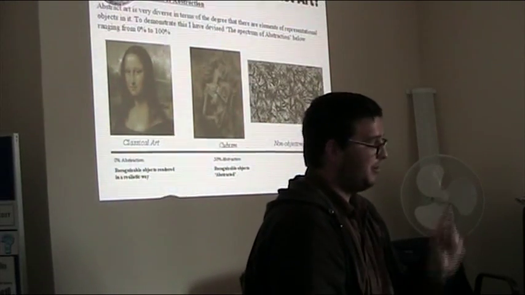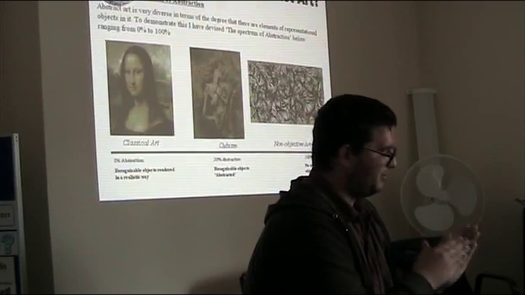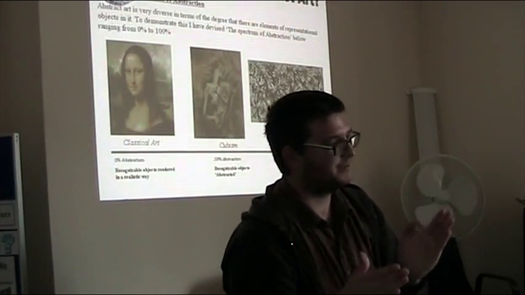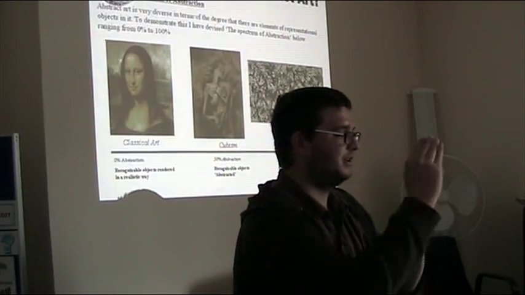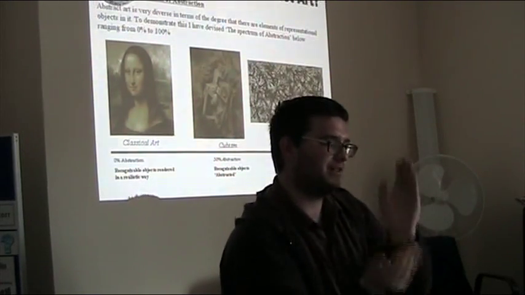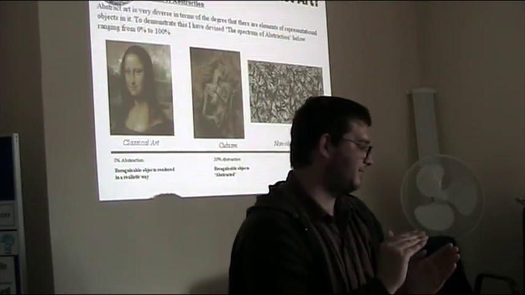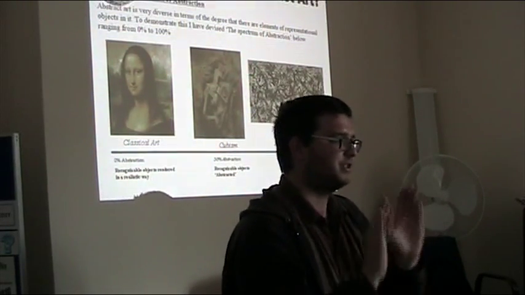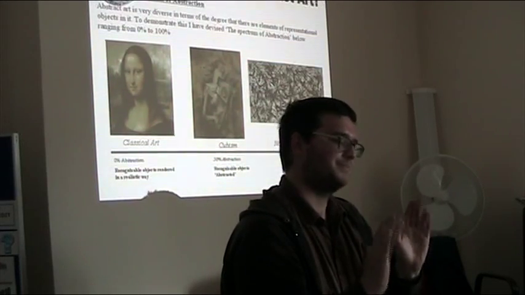So the important thing to remember there is that on this spectrum we'll put it as 50% because it's still representing reality, but it's morphed it, it's played around with it, it's doing it from multiple angles. So it's kind of reality, but skewed, if you understand what I mean.